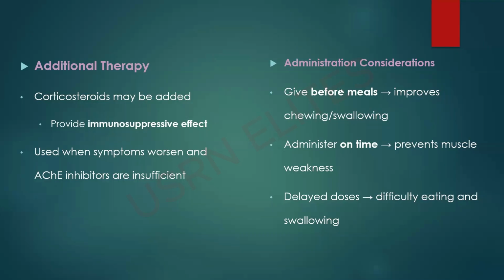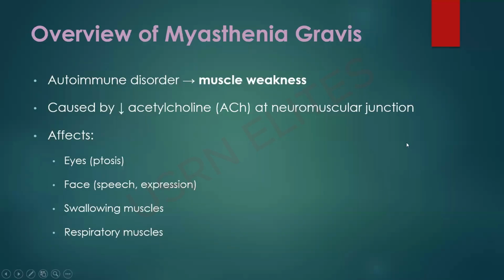So that the patient can be able to eat well, chew well, and swallow well. So that's what this point is trying to make. Remember, acetylcholine is less at the neuromuscular junction, right? So just imagine the ptosis. You can just picture the ptosis in your mind. Look at this picture here.